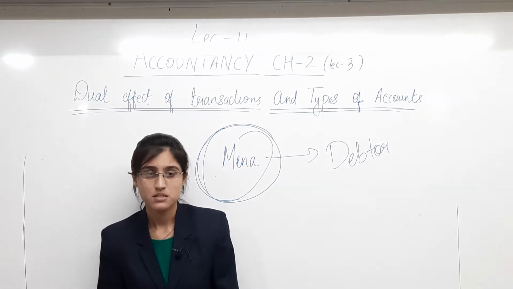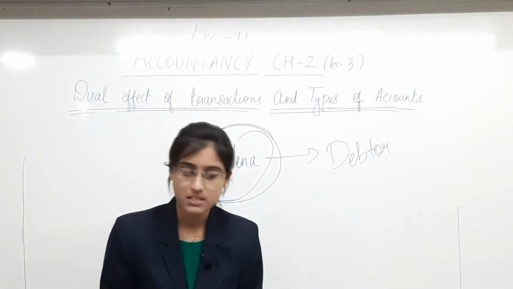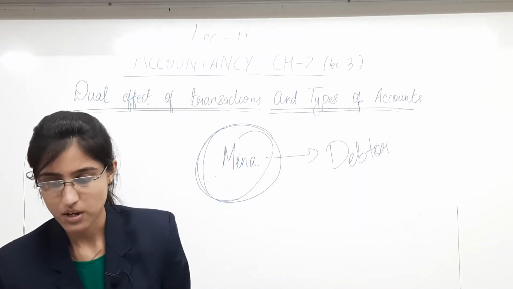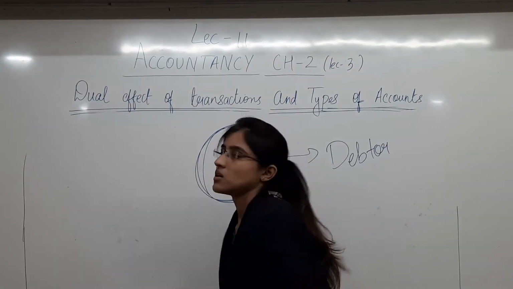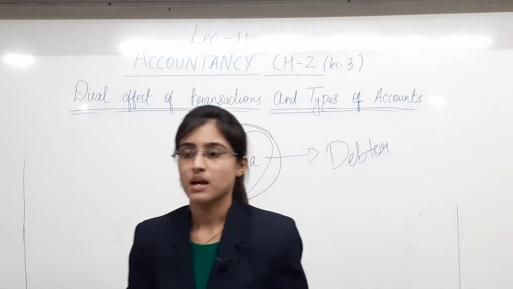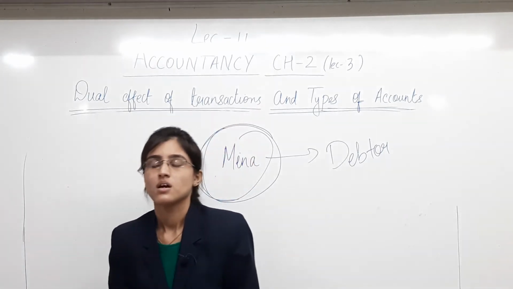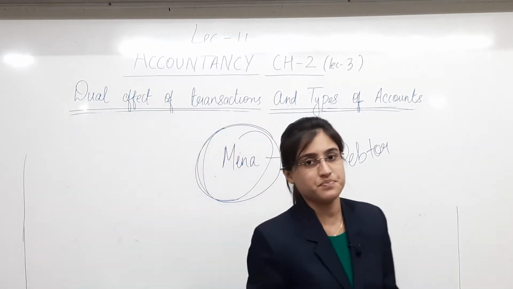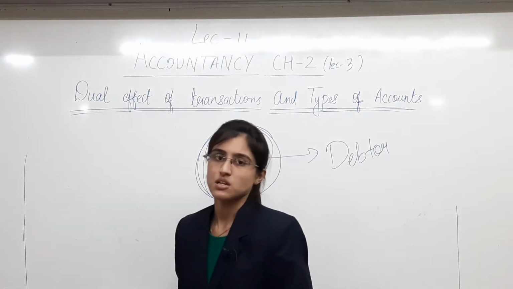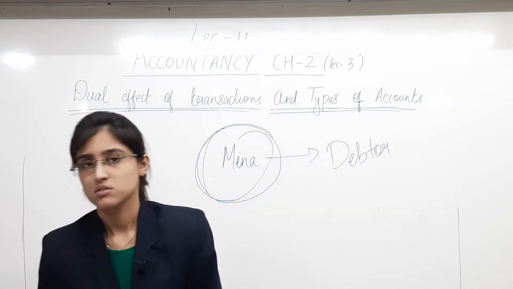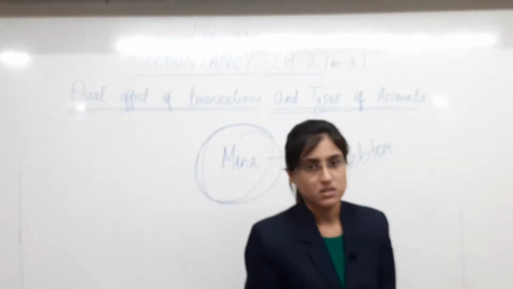Okay, so dual effect of transactions is what we are going to understand, which is also the heading of your chapter and an important topic of all. Transaction. First of all, what is a transaction? Exchange of goods and services in terms of money.